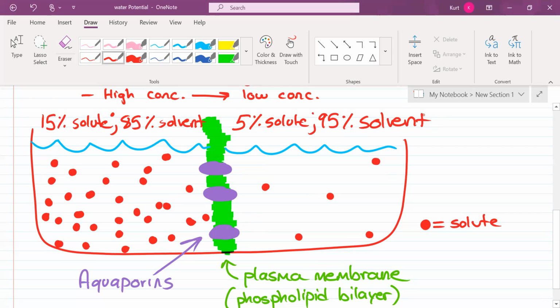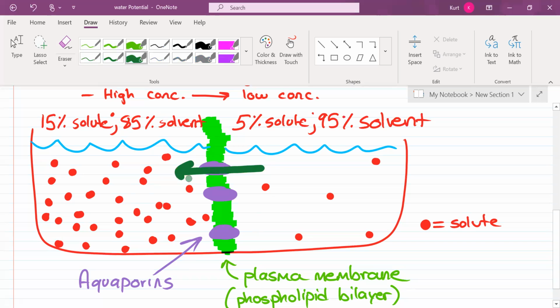In passive transport, you go from a high concentration to a low concentration. This is osmosis. So which way is water going to diffuse? From the left side to the right side or from the right side to the left side? It's going to go from right to left because, you know, I don't claim to be a math expert, but 95 is bigger than 85. That means we need to go from high to low. So let's do that.